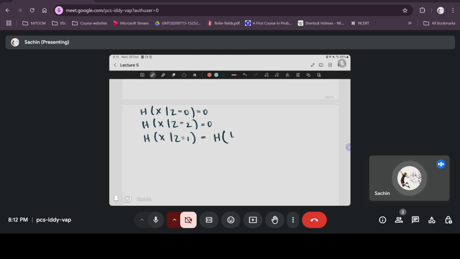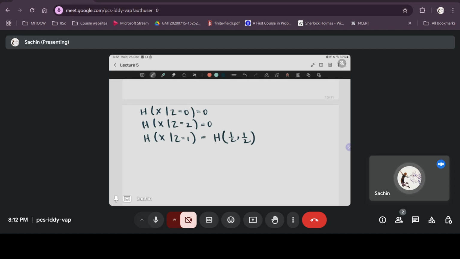So this is H of half comma half. Because given z is equal to 1, there are only two possible outcomes for the pair xy.